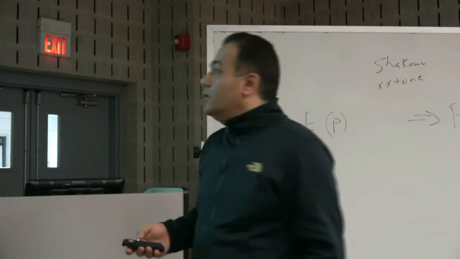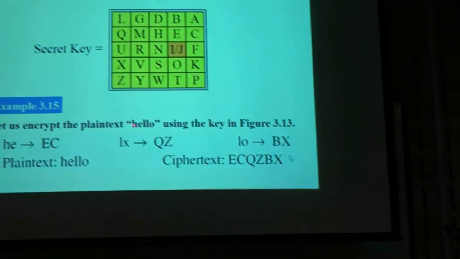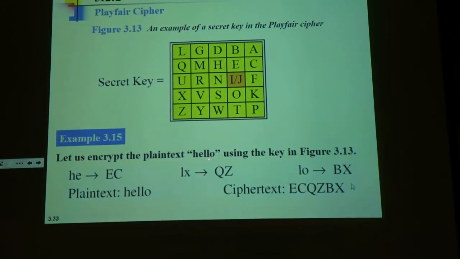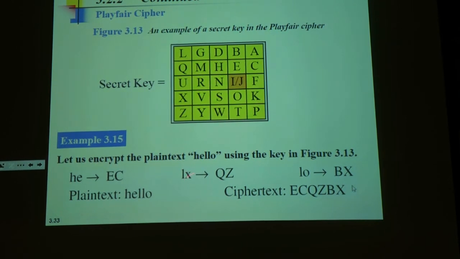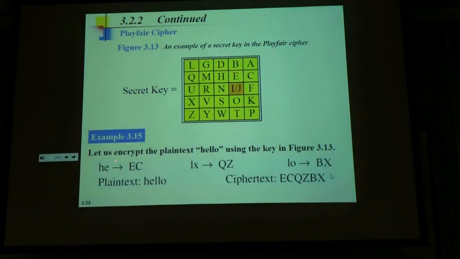So let's say hello. We divide it into pairs: H-E, L-L, and to separate them you put X, for example, and L-O. H-E, where is H? That's H, and E is here. What does the rule say? They are in the same row, so take the next character for each. What is after H? E. What after E?